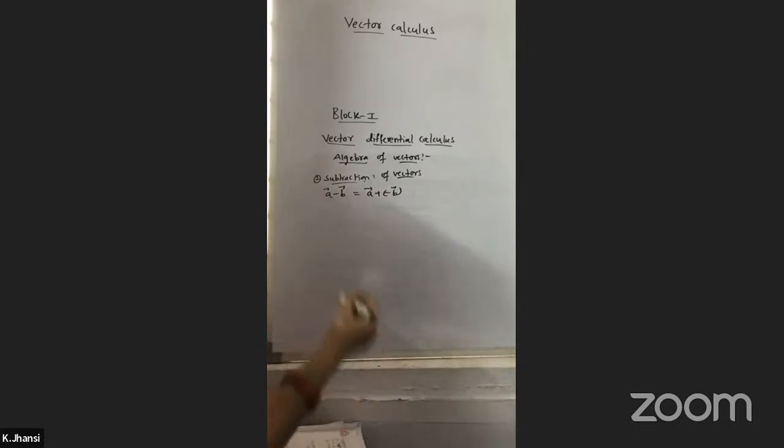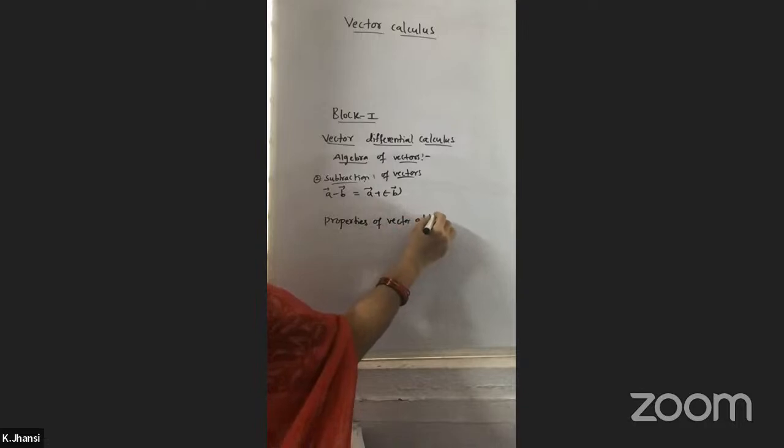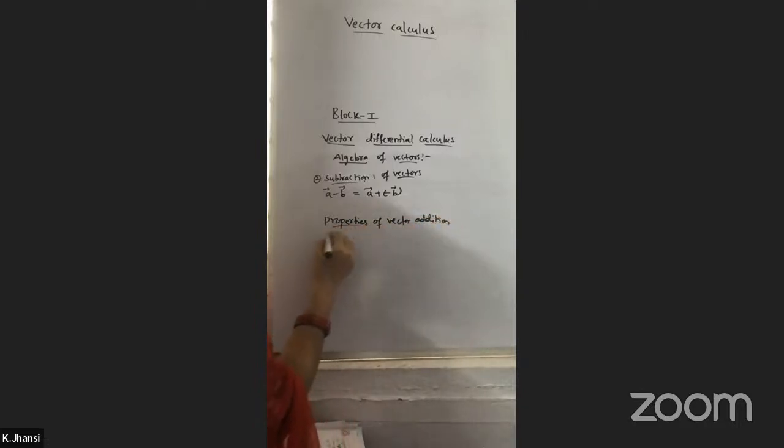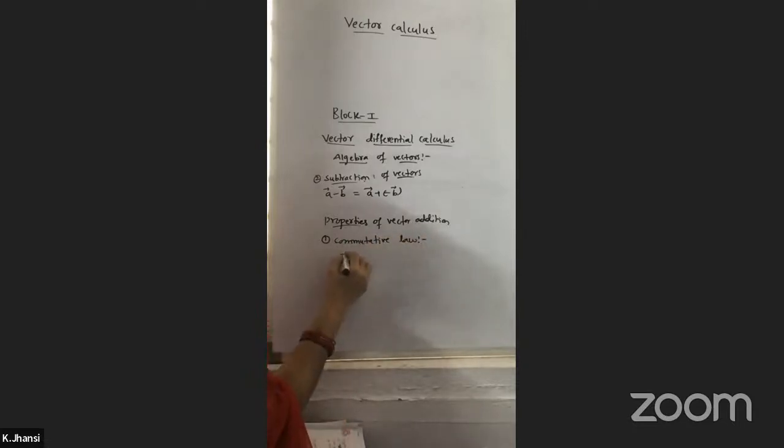Properties of vector addition are: the first one is the commutative property, or we can call it the commutative law or commutative axiom. Vector A plus vector B is equal to vector B plus vector A. The second one is the associative law.